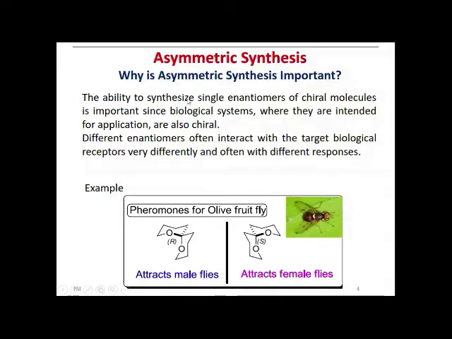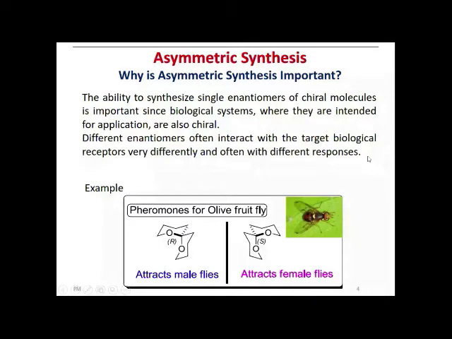The ability to synthesize a single enantiomer of a chiral molecule is important, since biological systems, where these molecules are intended for application, are also chiral. Different enantiomers often interact with the target biological receptor very differently, with different responses.